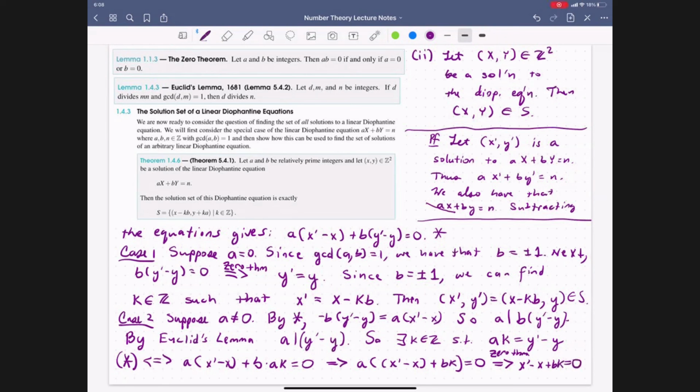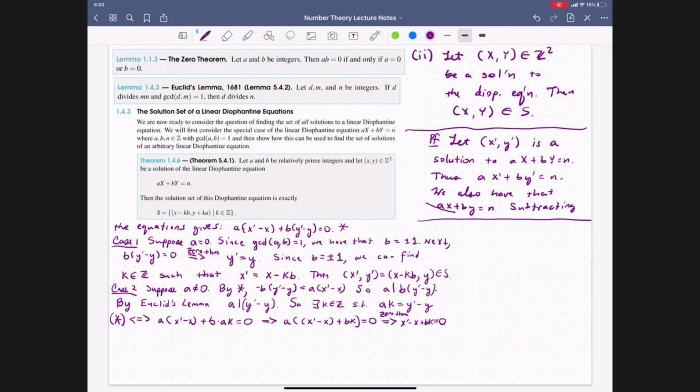So I'll get some more space. So now we are essentially done, because what we have just shown is that going from this equation, we have x' is equal to x - bk. And so we have this here. But if we come back to this equation here, we also have x' is equal to that, and y' is equal to y + ak.